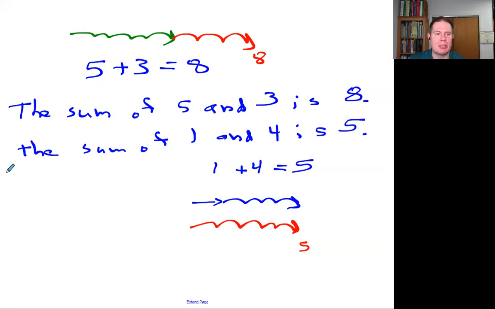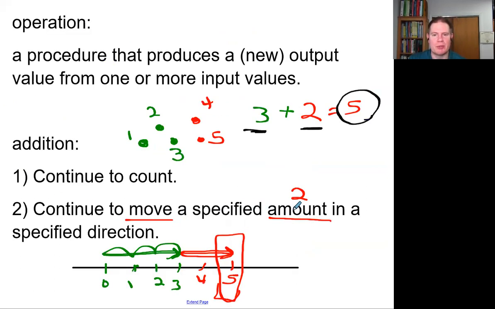Once our specified direction, right? Addition, move a specified amount in a specified direction. So long as everything's positive, that direction is only forwards, only to the positive infinity direction. But hopefully you've seen negative numbers sometime before in your life. That's where direction can change.